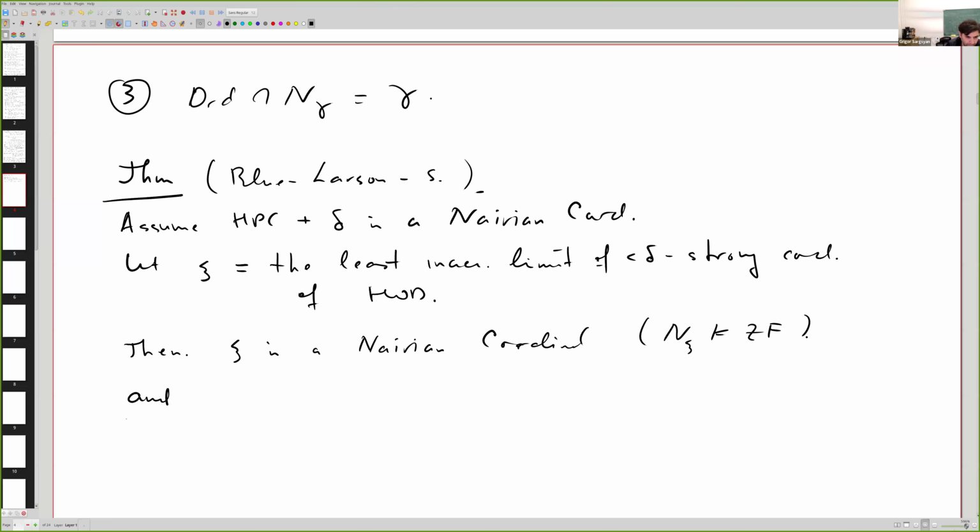And if P is P max, and then you have to iterate, I guess, let me just do it. Add one, that to every regular cardinal. Well, let's just write Q.